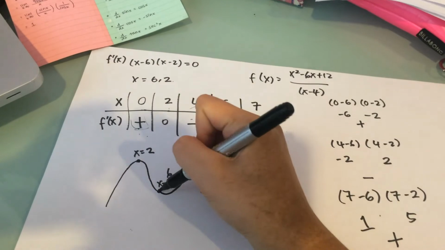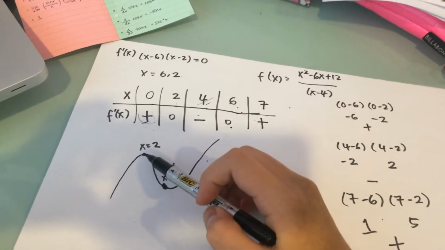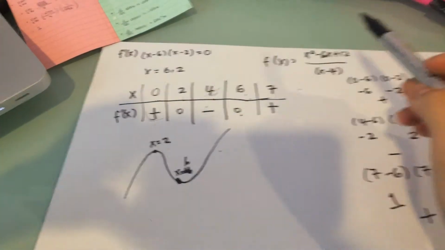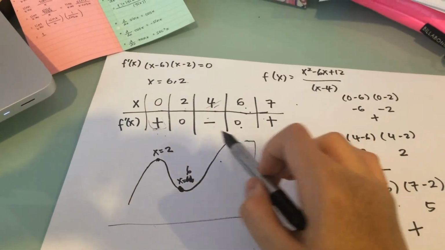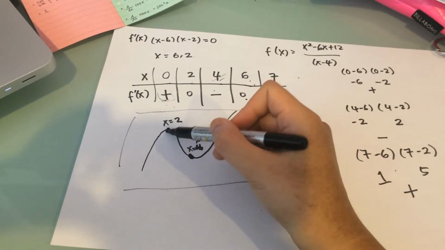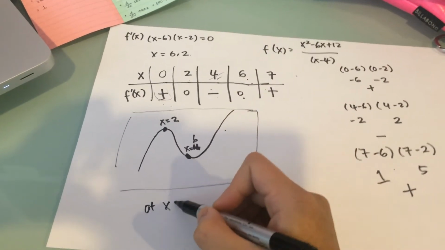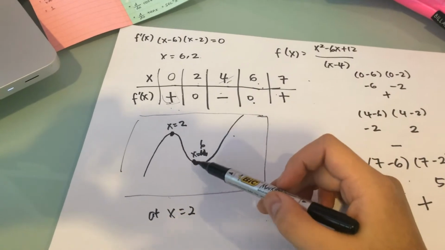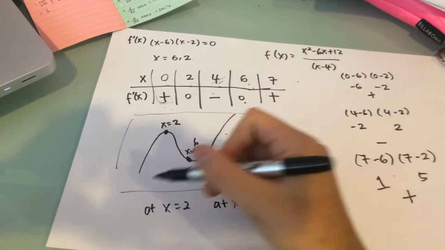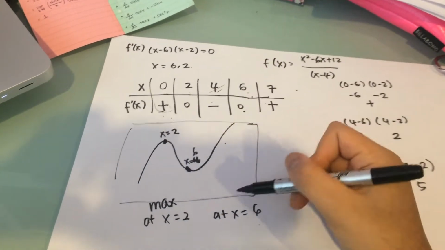So we know that it will increase until x equals 2, decrease until x equals 6, and increase again. From this graph, we can see the relative maximum is at x equals 2, and the relative minimum is at x equals 6. So this is the max, this is the minimum.